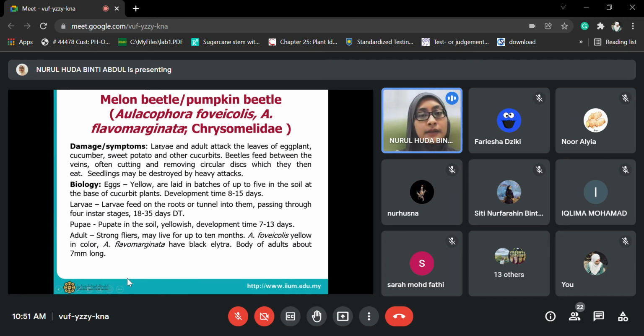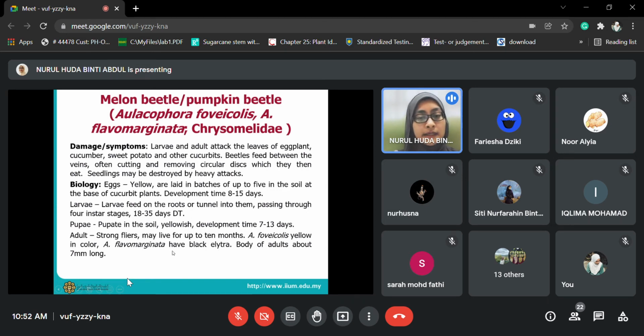So let's say kalau dia ada dekat bahagian pokok, it will go down to the soil to pupate. Okay, but usually the larvae already develop in soil dah terus, instead of developing on the plant. And then the adult will attack the plant. So the adult, depending on the species, Fovecolis and Flavomarginata, dia ada different color.